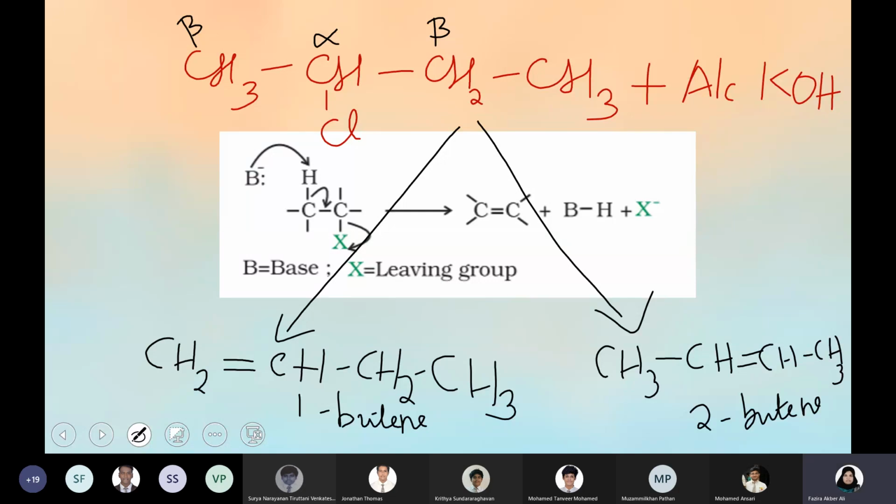Here you have two different beta carbons, so elimination can happen at either beta hydrogen. There are two possibilities and you get two different products, but one will dominate. There is a particular rule that we discussed last year to determine the major product.